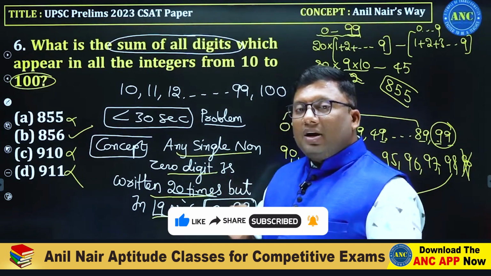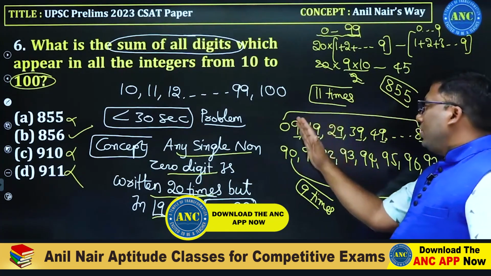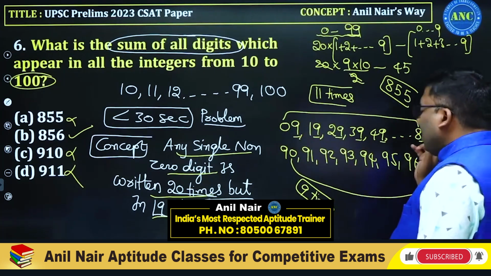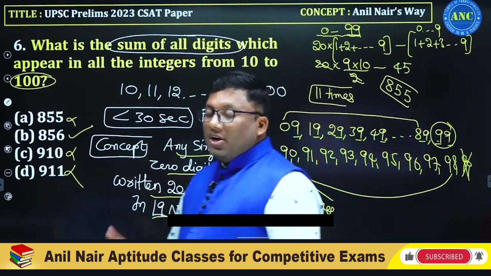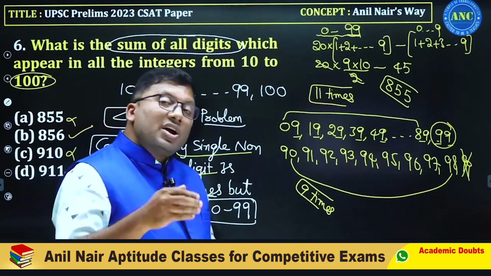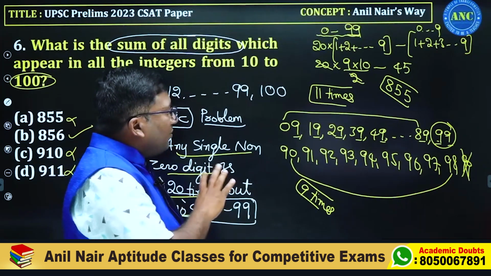There is one number where it is written 2 times. Example, 09 to 99: 0 to 8 is 9 times, and in 99 it is written 2 times, 9 plus 2 is 11. Instead of 9, you try it out with any non-zero digit. You will understand the statement properly.